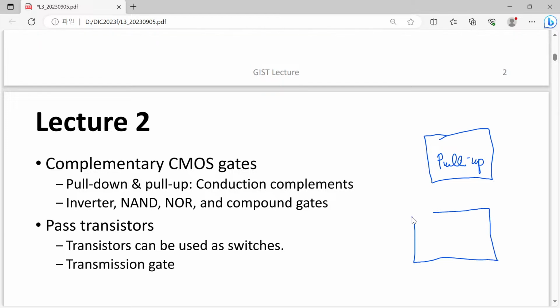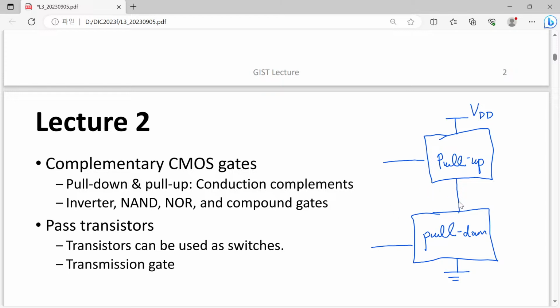The pull down is connected to ground, and the pull up is connected to VDD.